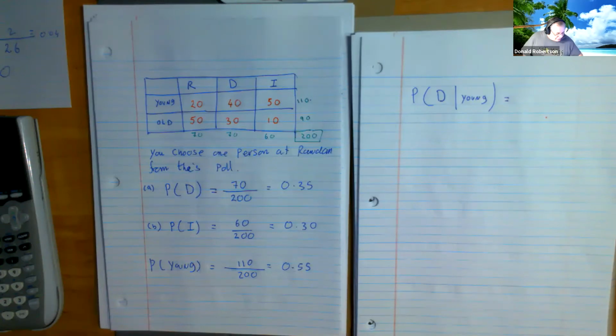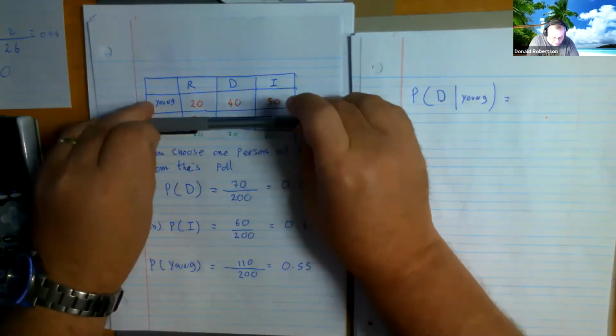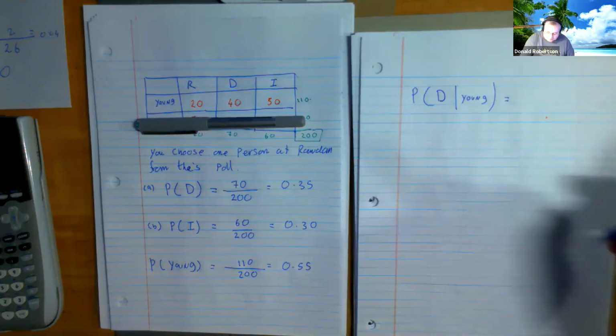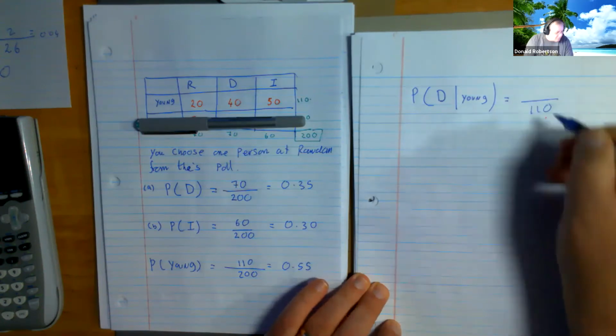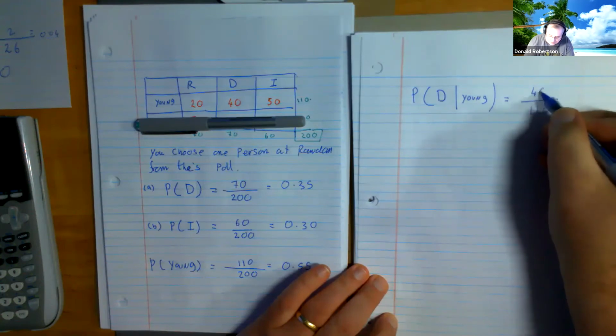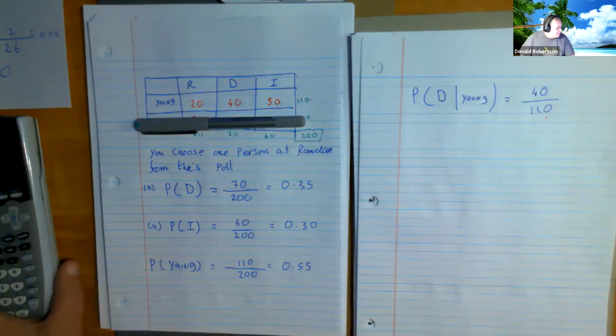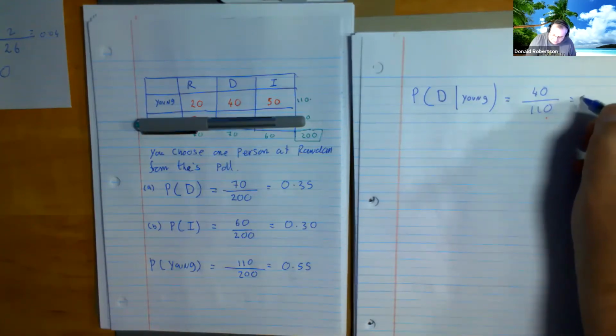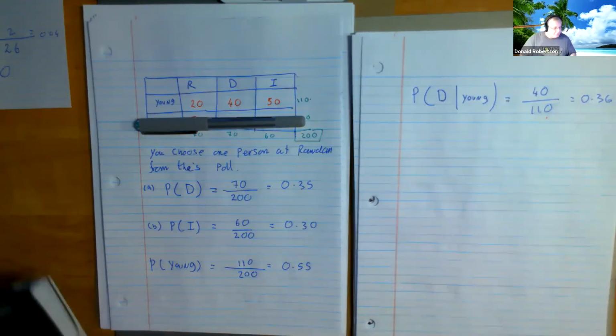So what you have to do is you have to go over to this table and you have to say, okay, since I know that they're young, doesn't the world only consist of that top row of the table now? Right? Since you know they're young, it has to be one of those 110 people. That makes sense. Now, out of that 110 people, there's 40 Democrats that you might have picked. 40 out of 110. And the answer here is about 36% chance.